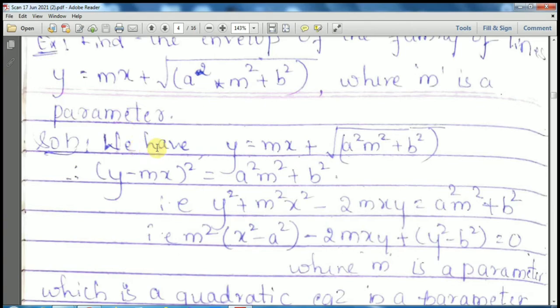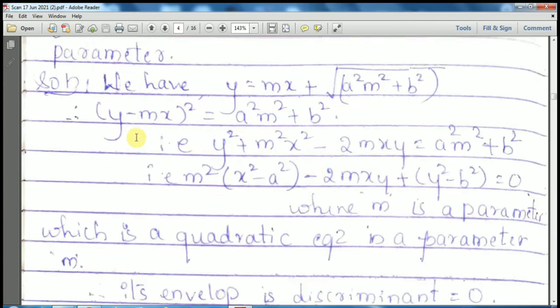For this, we'll take y equal to mx plus square root of a square m square plus b square, which is the given curve, and squaring, we get y minus mx, the whole square, equal to a square m square plus b square, as the square root will run out.